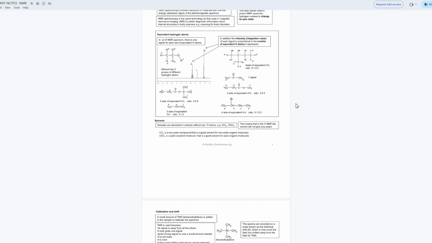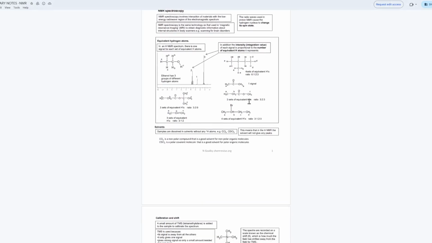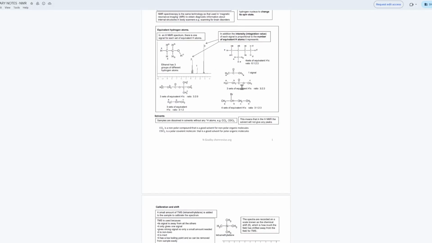Yeah, we can just see all the examples here of how the groups work. So this molecule here, third one down. If I just use my mouse, this one here, we can see that it's a symmetrical molecule.